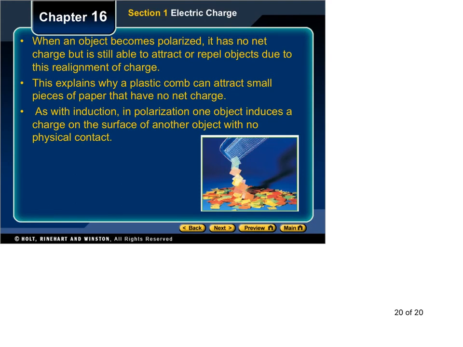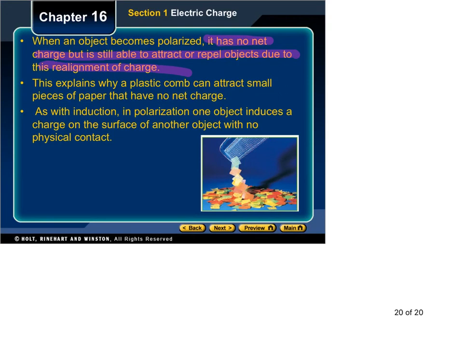So the object being polarized still has no net charge, but is still able to attract and repel objects due to it. Such as if you charge a comb, run the comb through your hair a few times, it may become charged, and then it can pick up pieces of paper, even though the papers have no charge. It polarizes the pieces of paper.